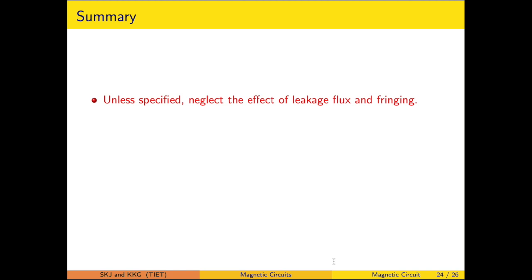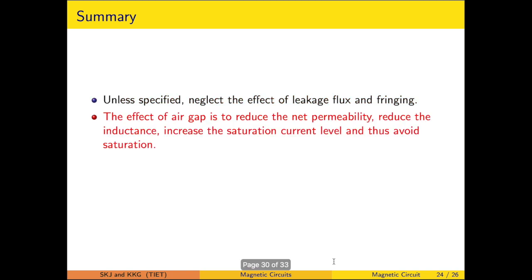So now we can make the summary. Unless specified, neglect the effect of leakage flux and the fringing. The purpose of the air gap is to reduce the net magnetic permeability, reduce the inductance, increase the saturation current level, and thus avoid the magnetic saturation.